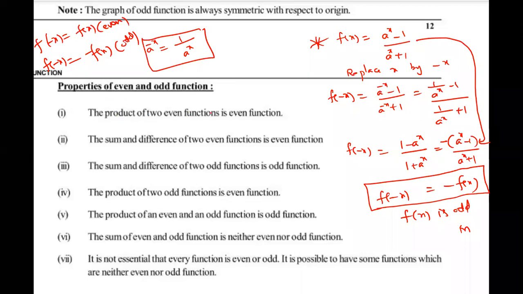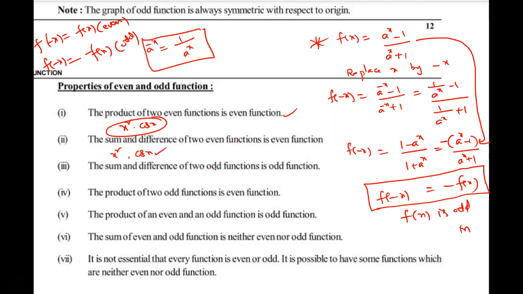Properties: the product of two even functions is an even function. Take two even functions, multiply and verify: x square into cos x is an even function. The sum and difference of two even functions is an even function; x square, cos x, both are even functions.